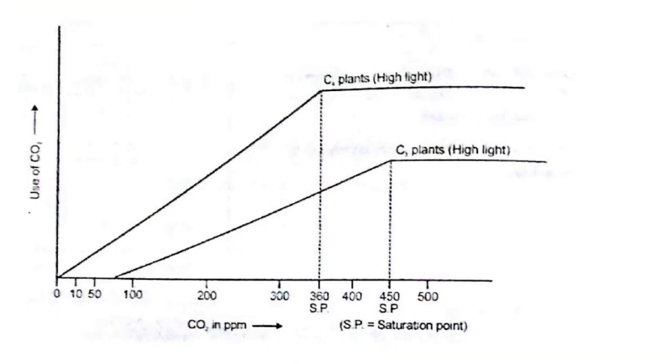The same diagram is being used here for the use of CO2. This point is called the saturation point for C4 plants, that is 360 ppm, and here 450 ppm is the saturation point in C3 plants. CO2 in ppm is shown here.